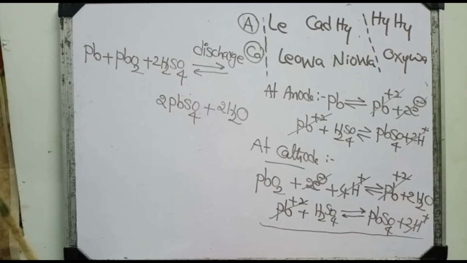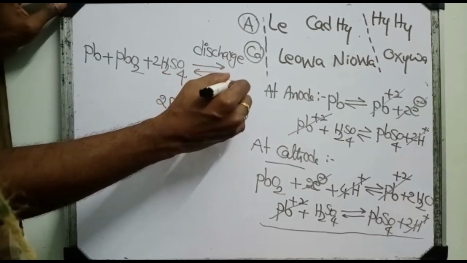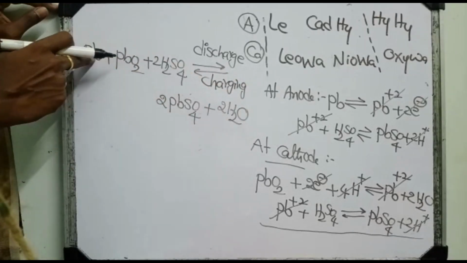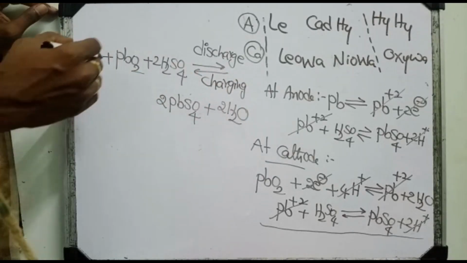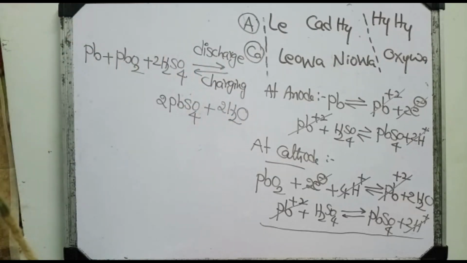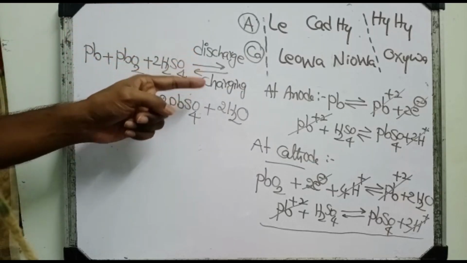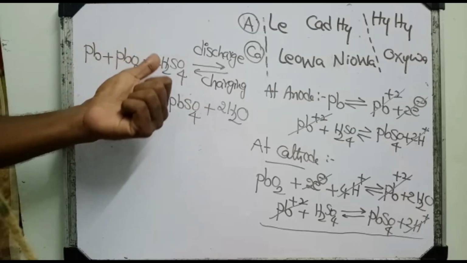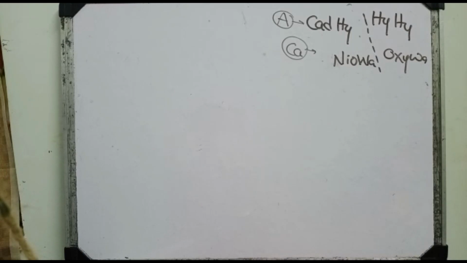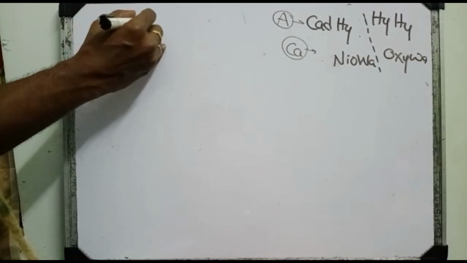For charging, it is reversed: PbSO4 becomes Pb and PbO2. So left to right is discharging, right to left is charging. They will directly ask which of the following is the discharging equation and which is the charging equation, so you must concentrate. Next, in secondary battery, second example, that is the nickel cadmium battery.